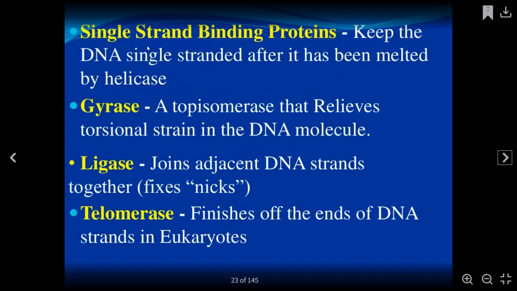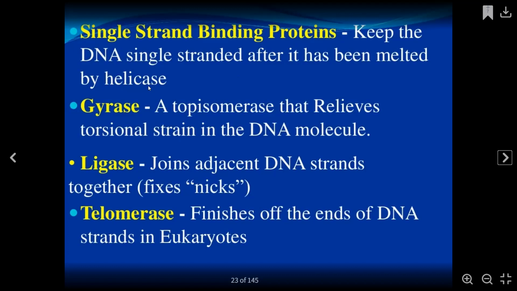Then comes the single strand binding proteins. Now, these proteins keep the DNA single stranded after it has been melted by helicase so that the strands will not get joined again. So these proteins help the DNA to be away from each other, to be single for a little longer period of time.